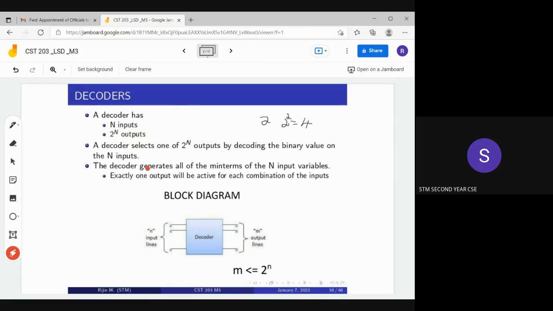The input will be a binary value. Then it will select any one of the output lines from these 2 raised to n lines, only one. Exactly one output will be active for each combination of the input.